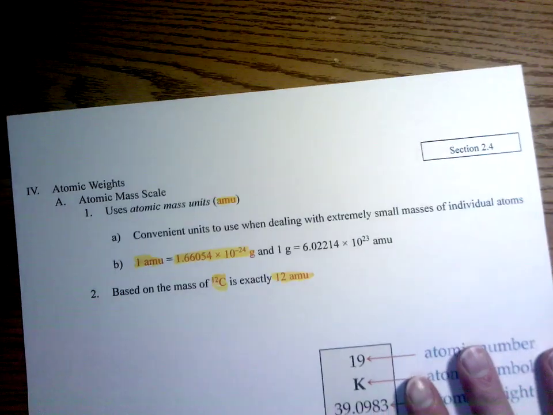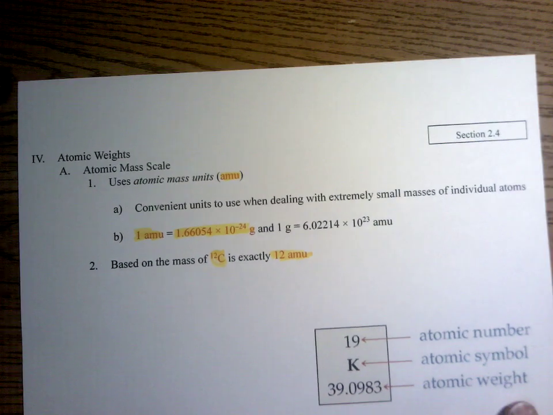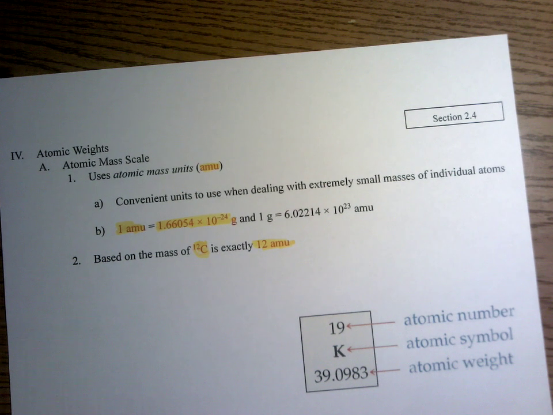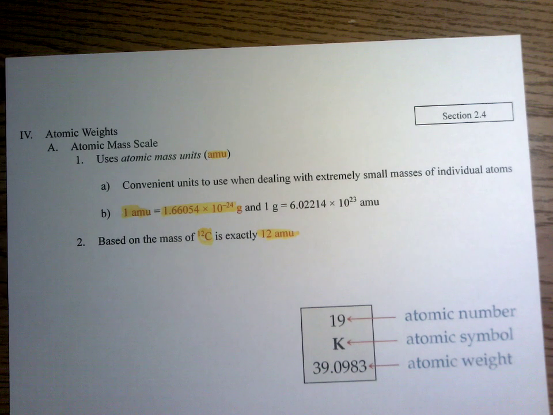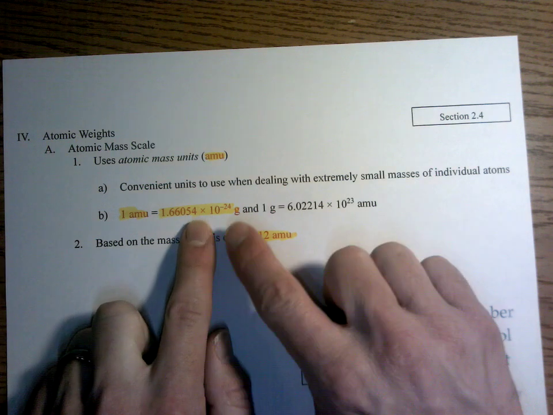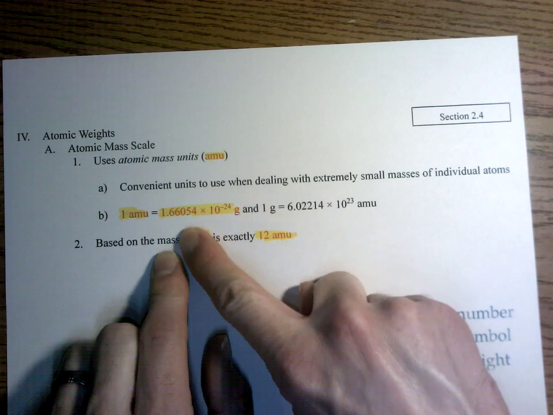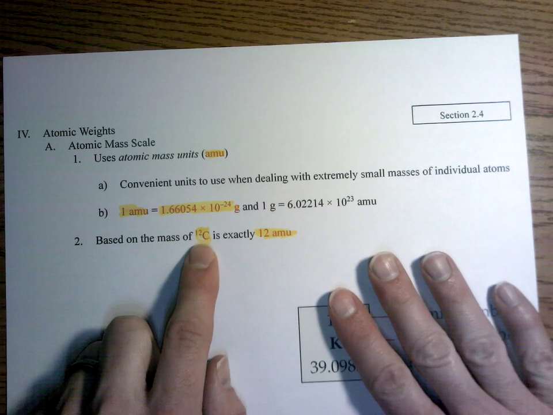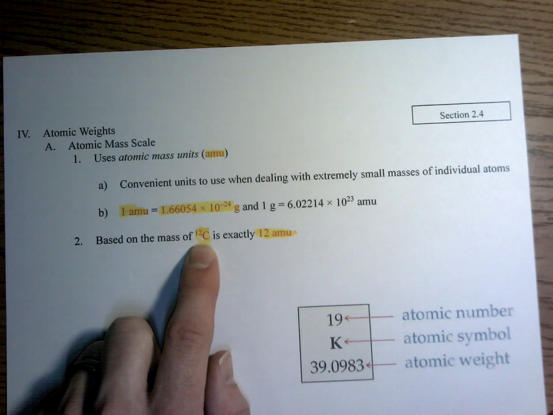All right, so we get into this idea of atomic weights. And we start out here with the atomic mass unit. So an atomic mass unit actually has a direct definition. It is equal to this value here, which I'm not too concerned about, but this value right here, 1 AMU or 1 atomic mass unit, comes from a carbon-12 isotope.